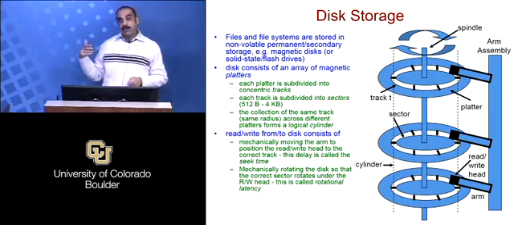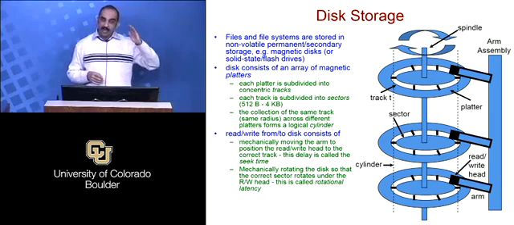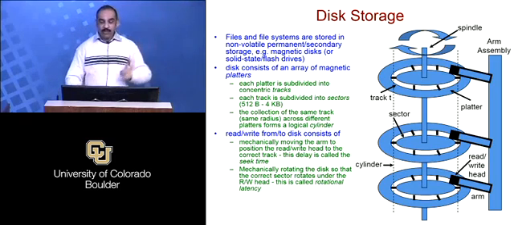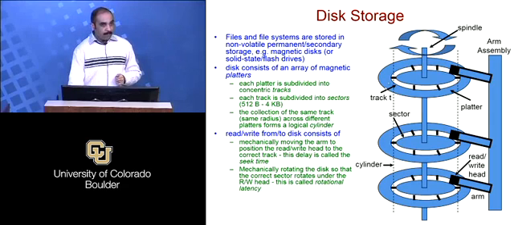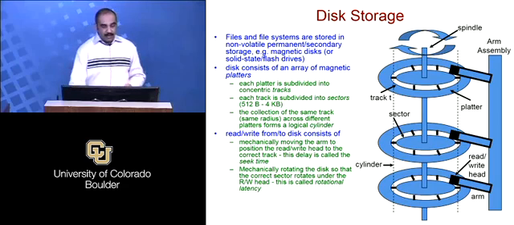Whenever you want to access some data in secondary storage, the address that needs to be given to the disk has three parts: the track number, the sector number, and then the offset within the sector.